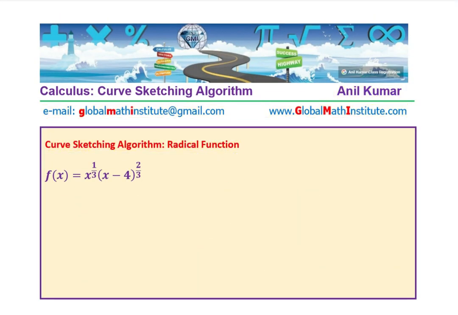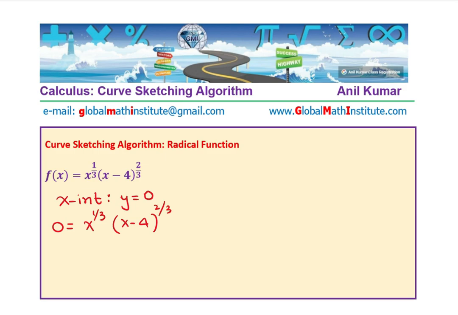Now, let's begin with finding the intercepts. So for the given function, what is an x-intercept? X-intercept means y value is equal to 0. So f of x is 0. So we'll write 0 equals x to the power of 1 over 3 times x minus 4 to the power of 2 over 3.